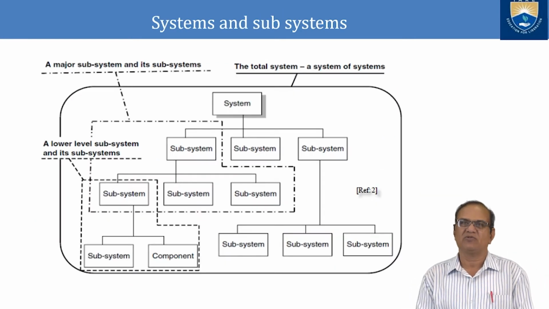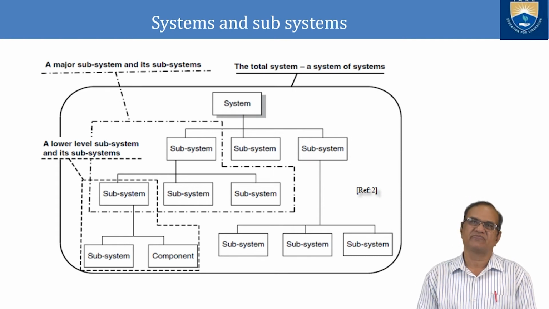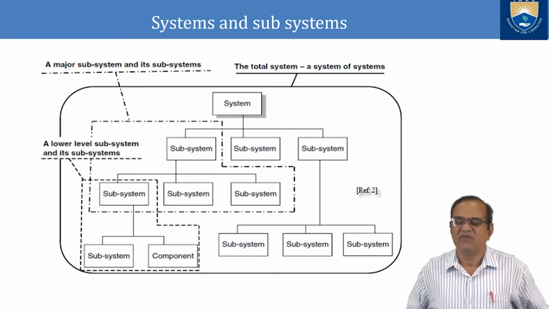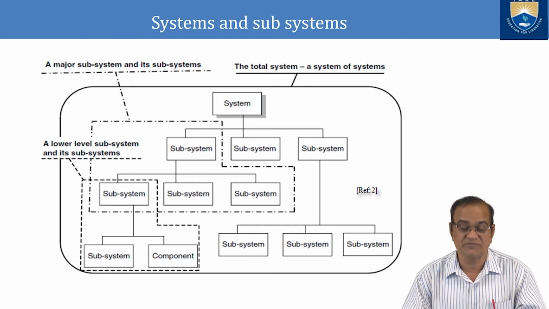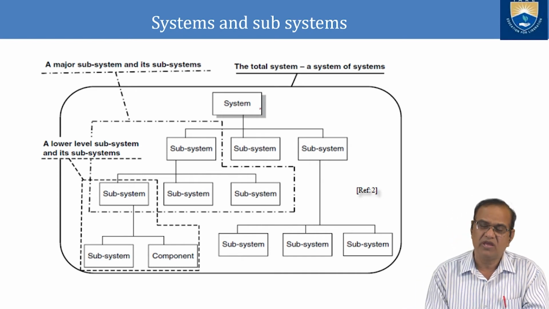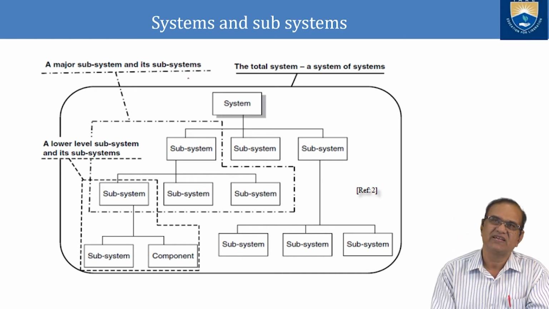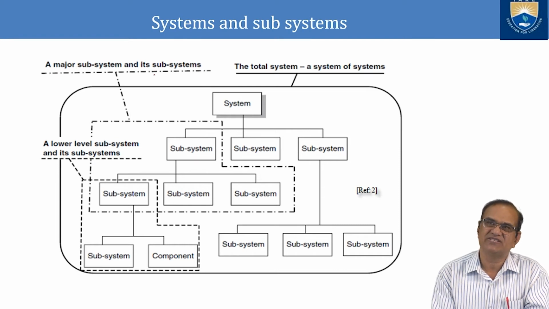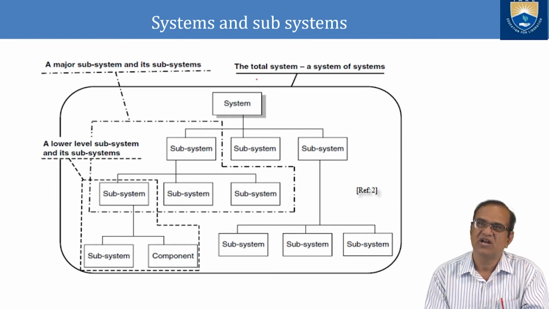Now I will talk about the systems and the subsystems. We can divide every system into subsystems. So if you see here, here are major subsystems and its subsystems. The total system is a system of subsystems.